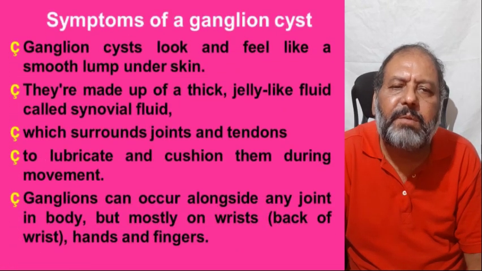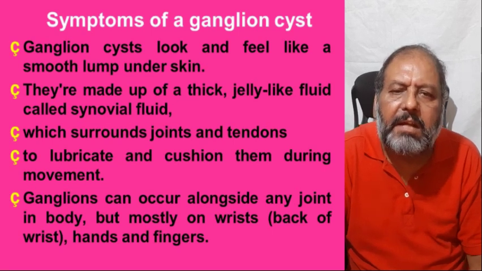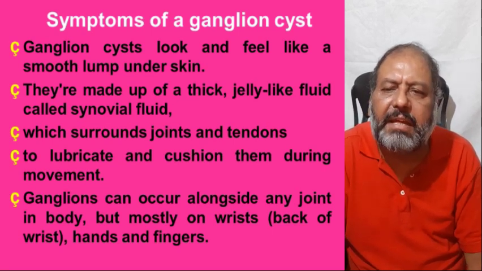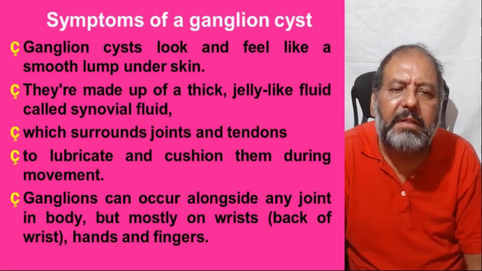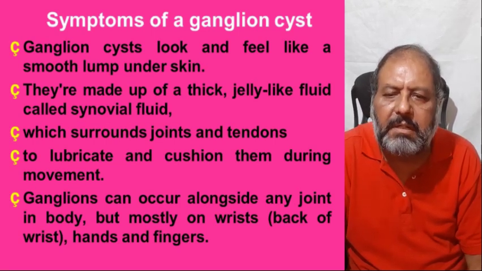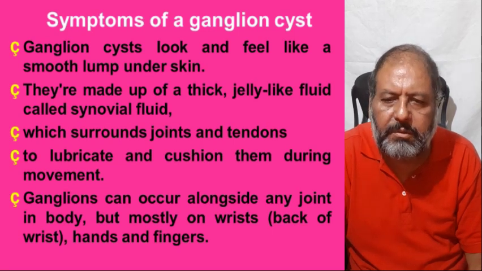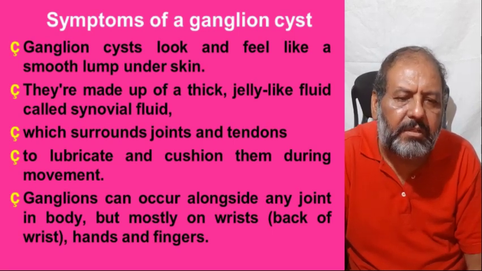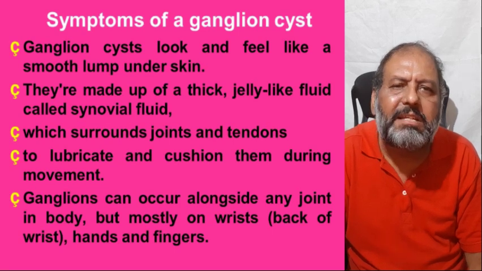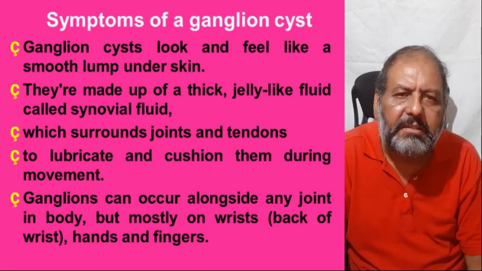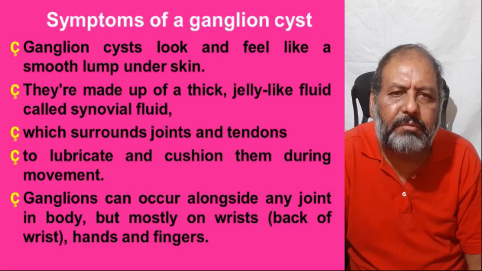Now, what are the symptoms of the ganglion cyst? Ganglion cysts look and feel like a smooth lump under the skin. They are made up of thick jelly-like fluid called synovial fluid, which surrounds the joints and tendons. Basically, it is just the leakage of that synovial fluid that leads to formation of the ganglion cyst.